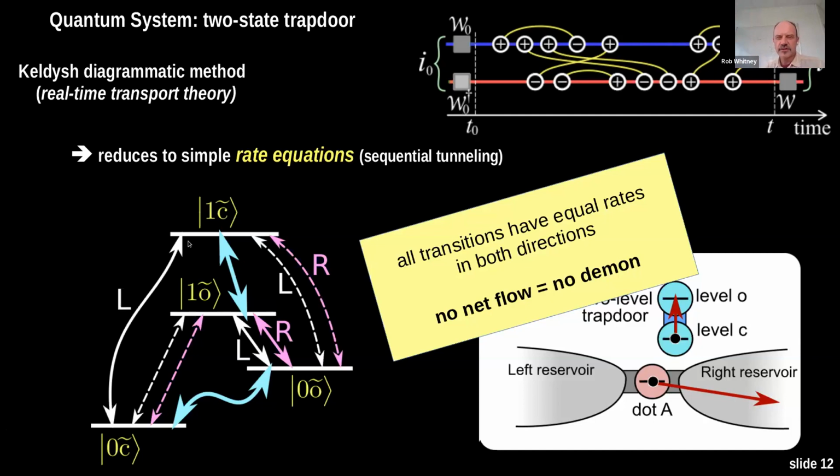So your system decays to a state where the rates are the same in both directions. So in the end, you have no net flow. So there is no demon here. Okay, there's no net flow from left to right.